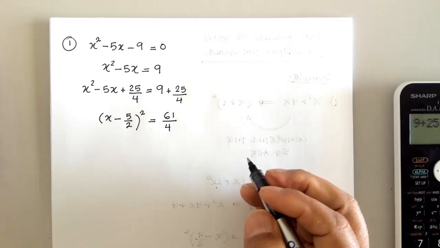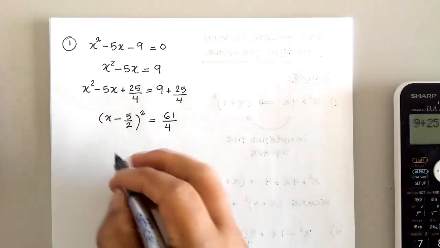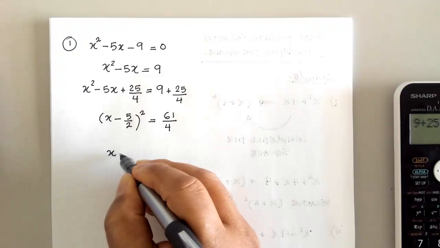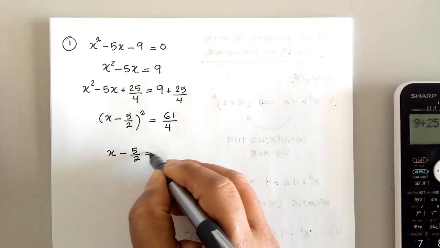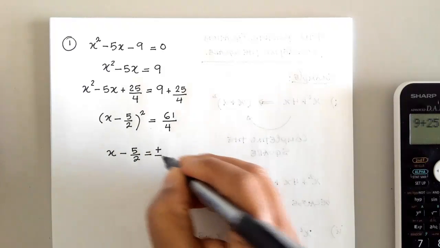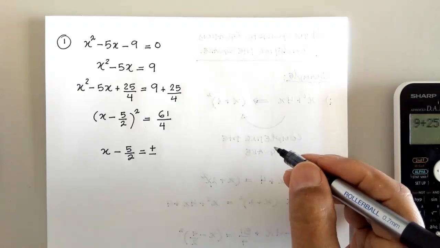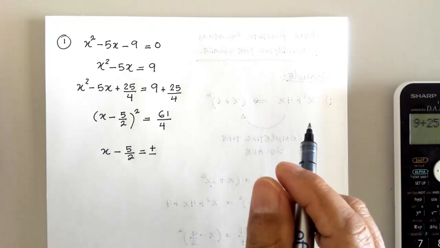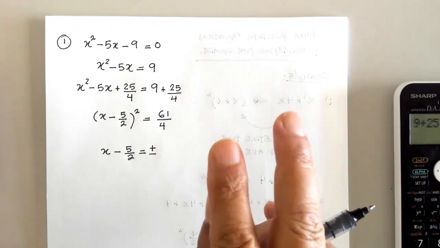Then we can square root both sides. When you square root this side, you're going to have only x minus 5 over 2. And then when you square root, you have to do plus or minus, because you've got to remember that when you square a negative number, it is the same as if you square a positive number. So that means that we have 2 solutions.